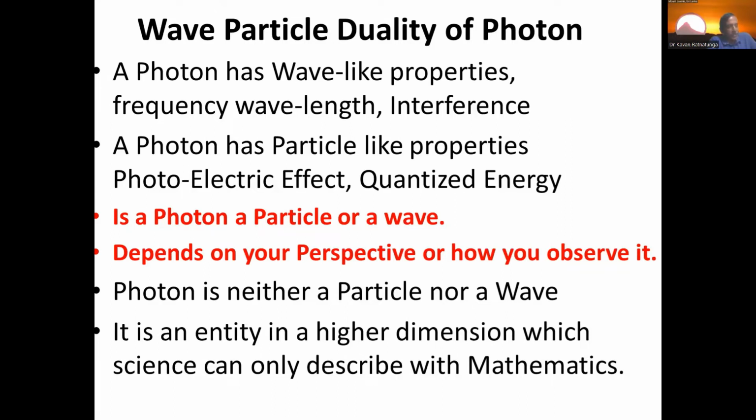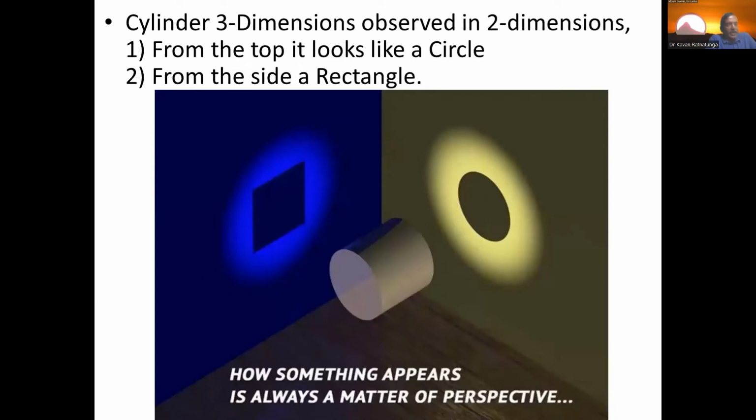It depends on your perspective of how you observe it, because a photon, in my opinion, is neither a particle nor a wave. It is an entity in a higher dimension, which can be observed differently depending on how you look at it in mathematics.